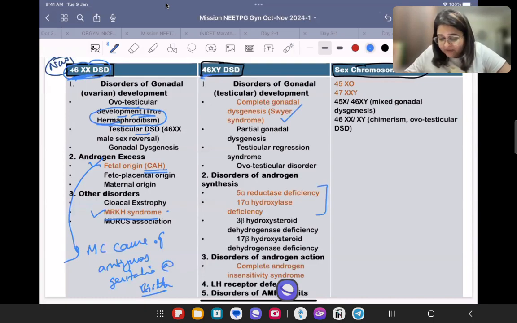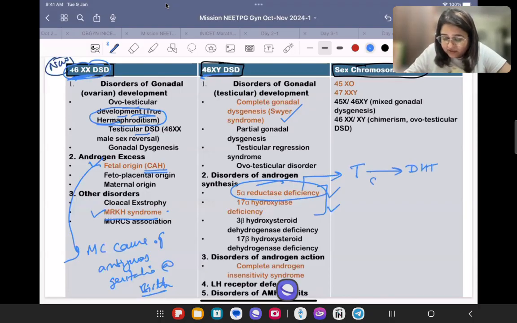Two other important types are 5 alpha reductase deficiency, which I have told you a bit about, and 17 alpha hydroxylase deficiency. What is very important to remember in 5 alpha reductase is that testosterone gets converted to dihydrotestosterone by the enzyme 5 alpha reductase. This conversion is not happening, so DHT levels are going to be low and testosterone levels are going to be normal.